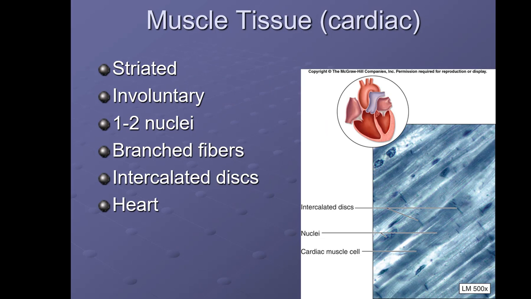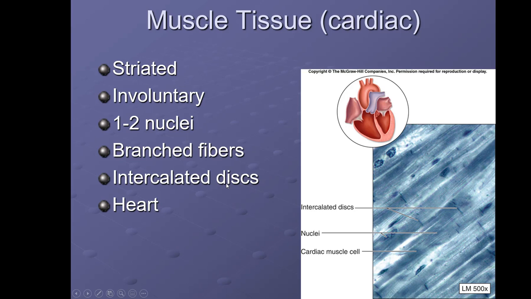Cardiac muscle is also striated. You can't really see the striations that well in this picture, though. It's involuntary. It's found in the heart, obviously. It's called cardiac muscle. It has 1 to 2 nuclei per cell. The fibers tend to be branched to allow them to work closely together. Also in cardiac muscle, the cells are held together by intercalated discs. Intercalated discs are actually a combination of 2 intercellular junctions that we've discussed.